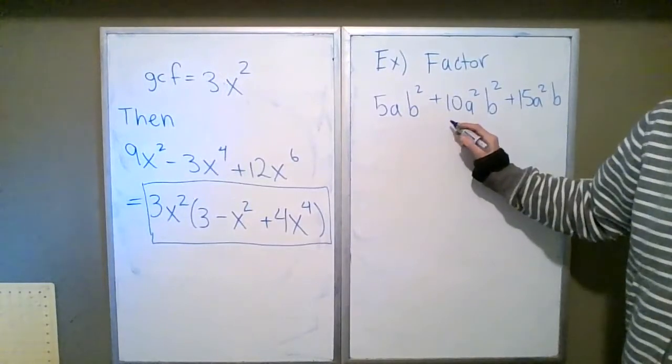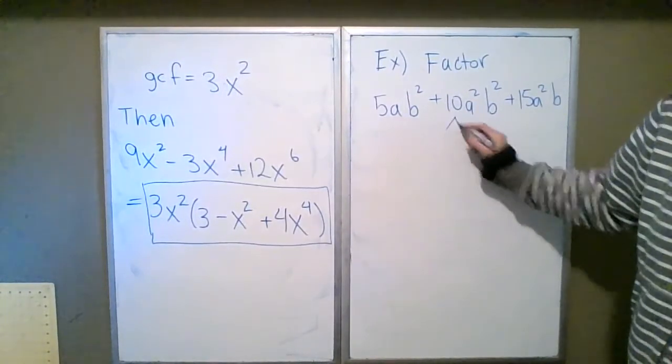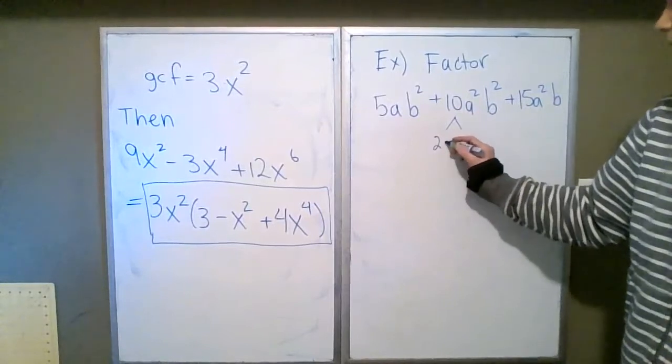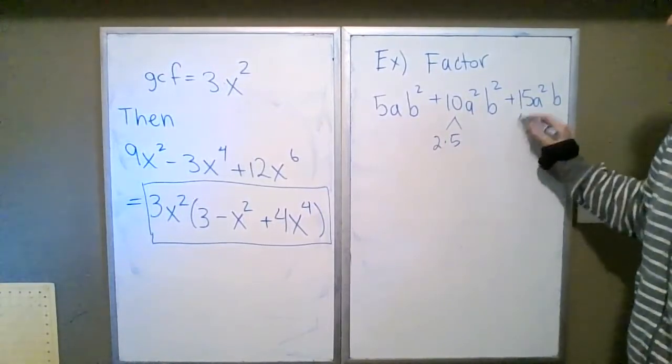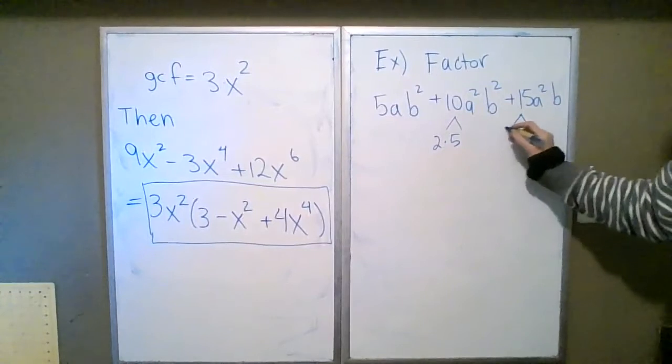Okay, I'm going to use this part. We're going to factor 10. It's 2 times 5. And 15 would be 3 times 5.